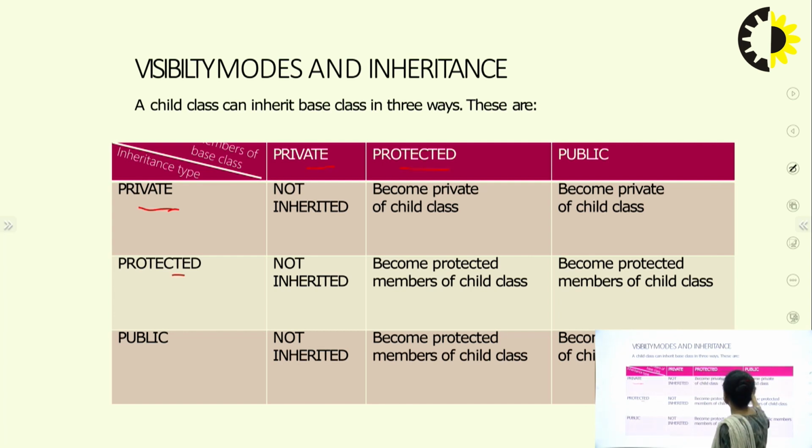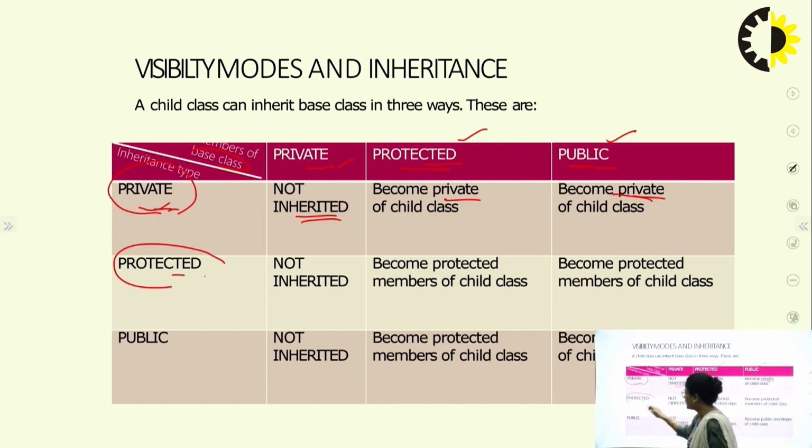The protected members and the public members of the base class all become private. Now, when the inheritance is protected, what happens? Again, the private members of the base class are never inherited.